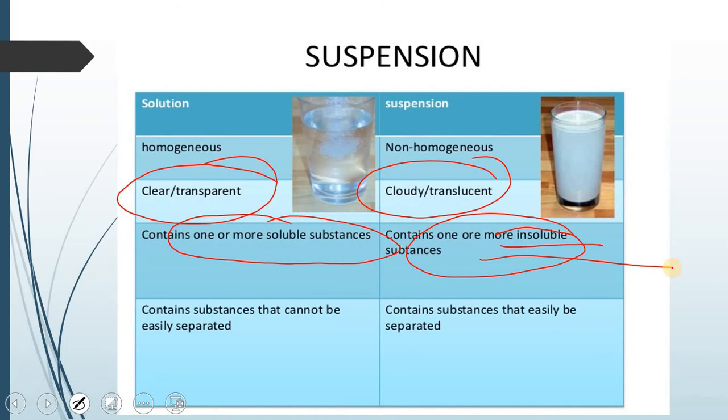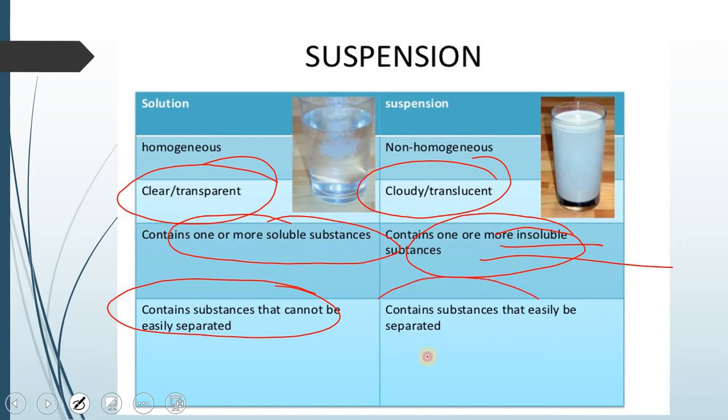And then solution contains substances that cannot be easily separated. So this means if you have air gula or air garam that is completely dissolved, you can't easily separate the water and the salt.